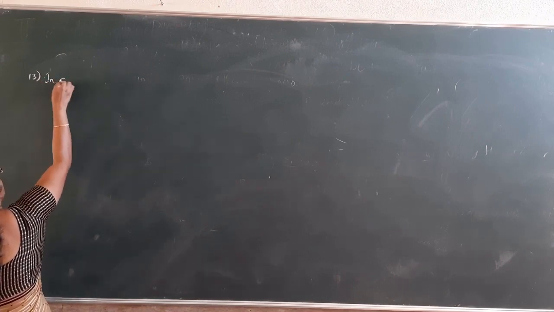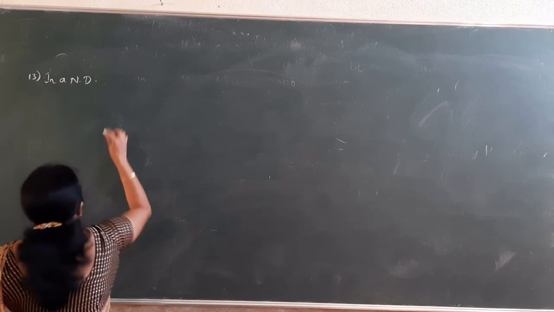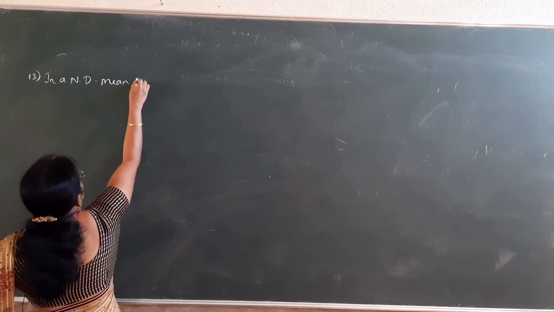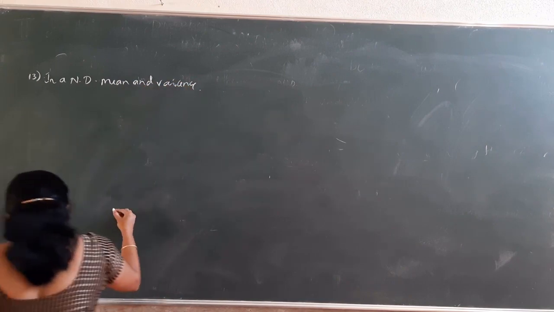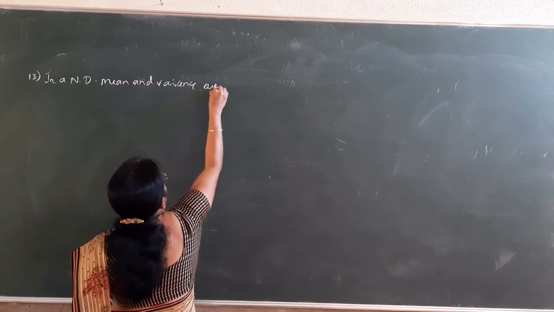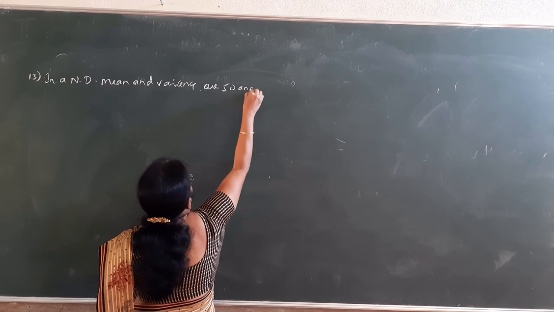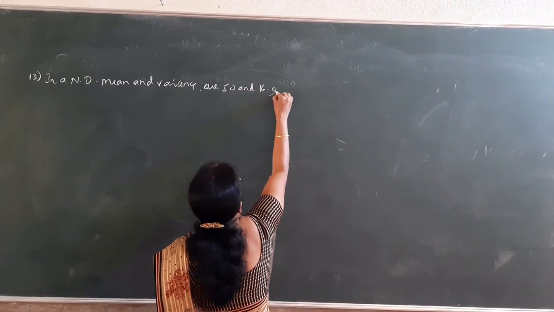Next, in a normal distribution, mean and variance are 50 and 16 respectively.